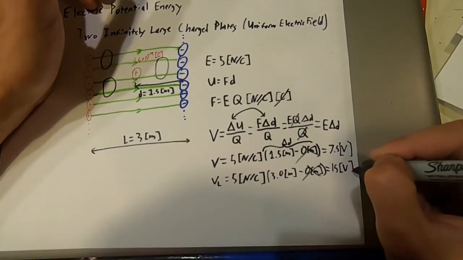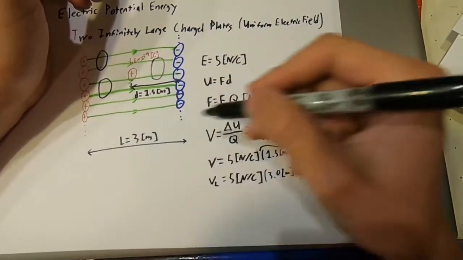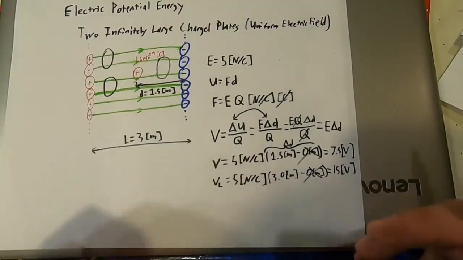Which is what we expect because it's twice the distance, so we got twice the voltage.